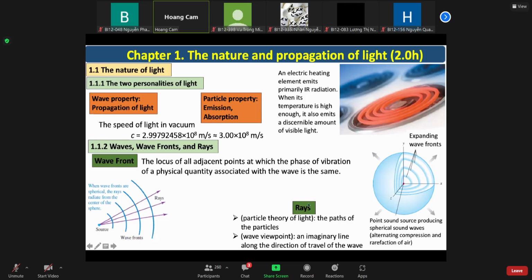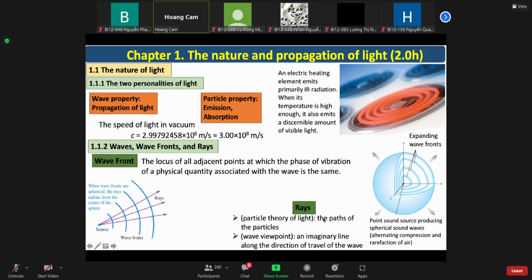The definition for rays: if we consider light as a particle, or use the particle theory of light, it is simple to imagine. In this case, rays are the paths of the particles. Very obvious, no doubt about that. And if we believe that light is a wave, and indeed it also has dual properties like this, then from the wave viewpoint, rays are not actual rays anymore.